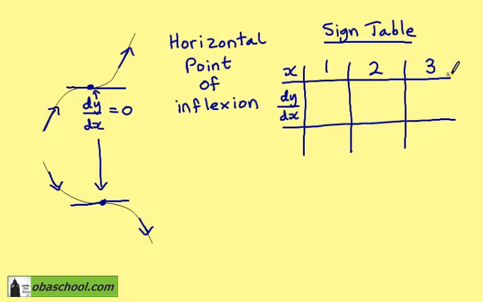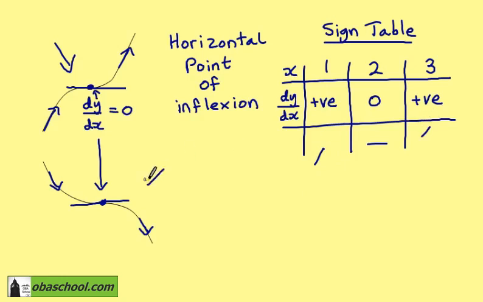For a point of inflection, we either get the situation like the top here, where dy/dx is positive, 0, and then positive, and the picture is up, across, and then continuing to go up.